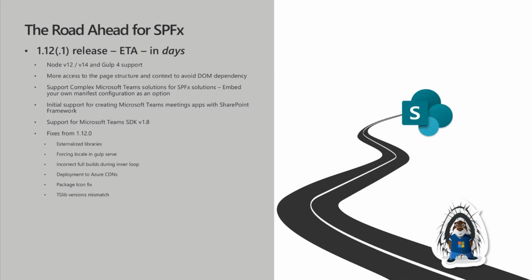So the first thing is that, considering that we want to improve what we had, as part of the testing we are redoing all the testing in Node 14 and Gulp 4. We are going to ship 1.12.1 with support of Gulp 4. So, with support, of course, of Gulp 4 and Node 14. So Node 14 will be supported in the 1.12.1 release. That's one of the things we're working on.